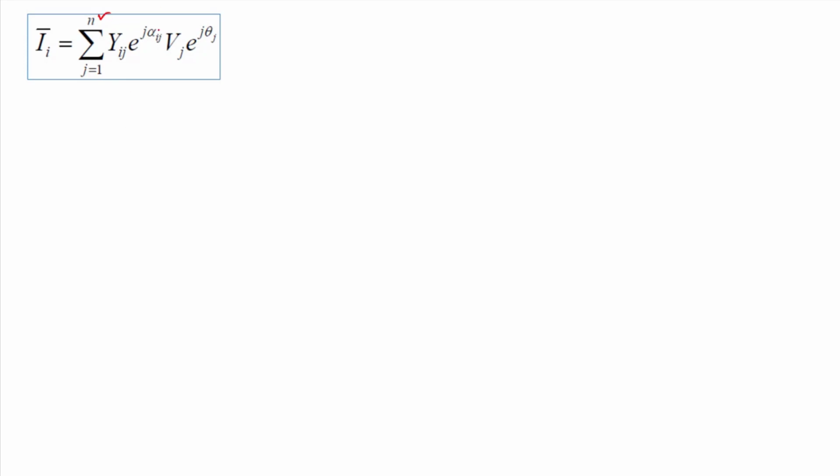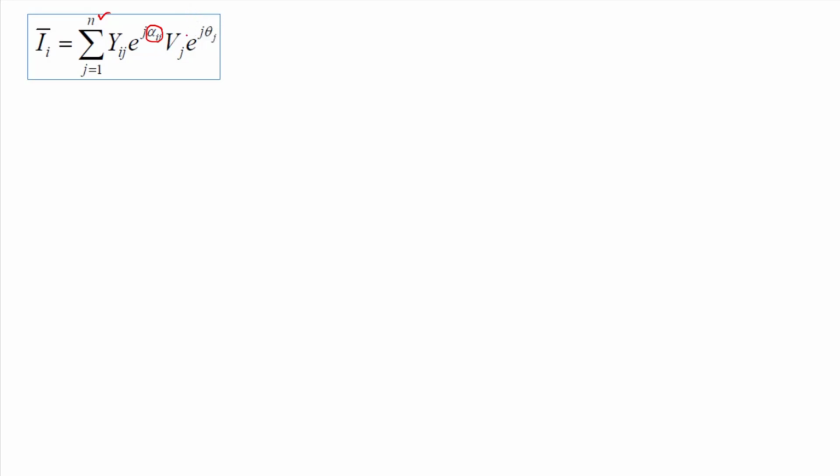Here alpha ij is different from the alpha we considered for the terminal voltage. Here we will not consider alpha as the angle of the terminal voltage for multi-machine analysis. We will consider theta as the terminal voltage angle for each of the machines or each bus.